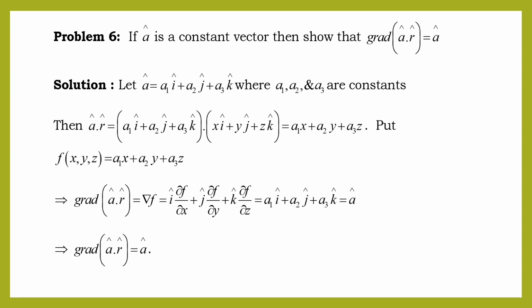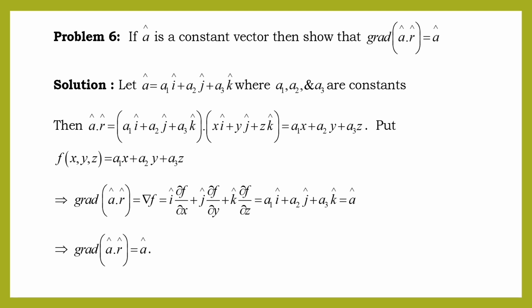So, what is dou by dou x of a1x plus a2y plus a3z? That's nothing but just a1. Similarly, dou by dou y of a cap dot r cap equals dou by dou y of a1x plus a2y plus a3z equals a2. Now, dou by dou z of a1x plus a2y plus a3z is a3.